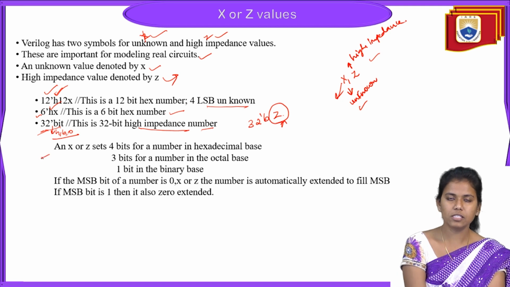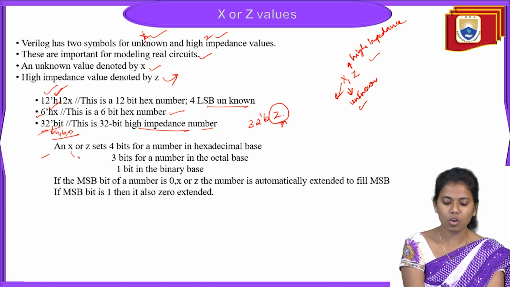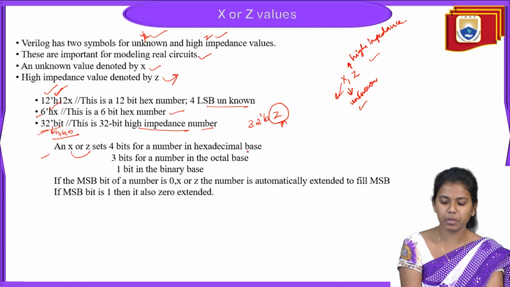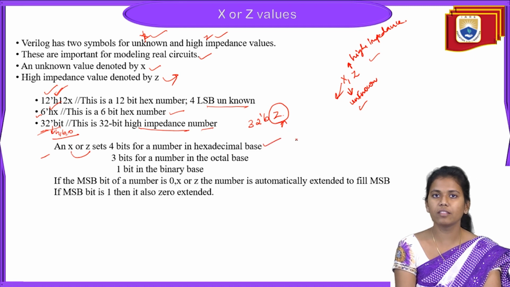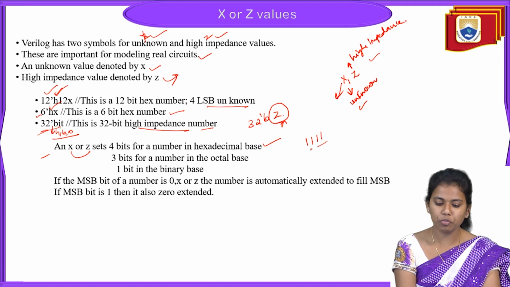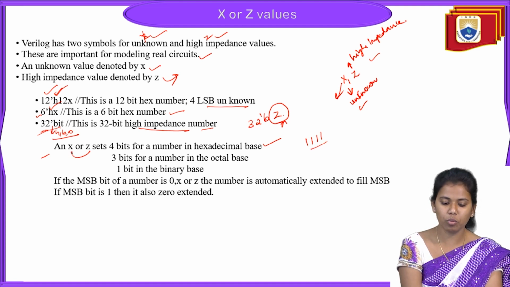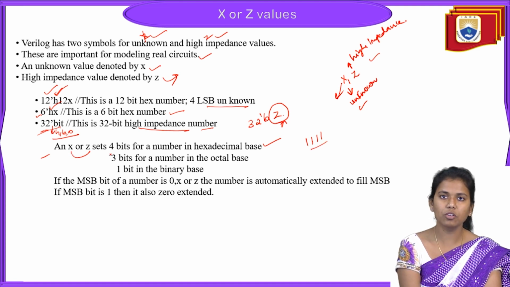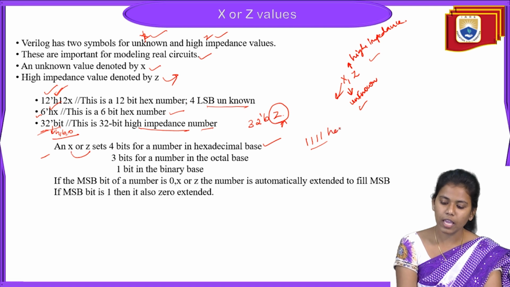So here the statements talk about an X or Z: they set 4 bits for a number in hexadecimal base. So in this hexadecimal base, we see 4 bits, and those 4 bits could be don't care, unknown, or Z values. For 3 octal base means 1, 2, 3. We can divide 0, 0, 1, 1, 0, 1, like that.